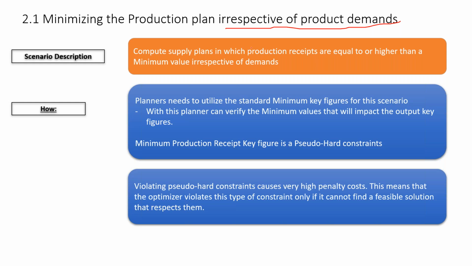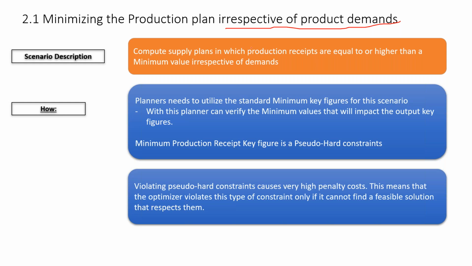For example, capacity supply we have seen. I maintain the available capacity there. So, you can create a different key figure like available capacity, maintain values there, and then tell the optimizer to read values from this custom key figure.